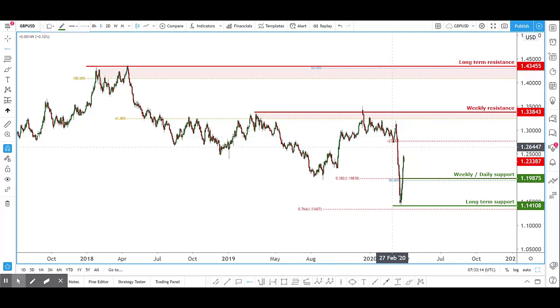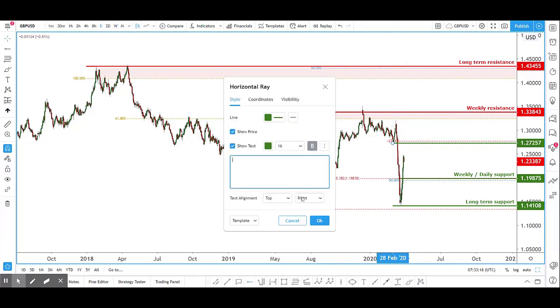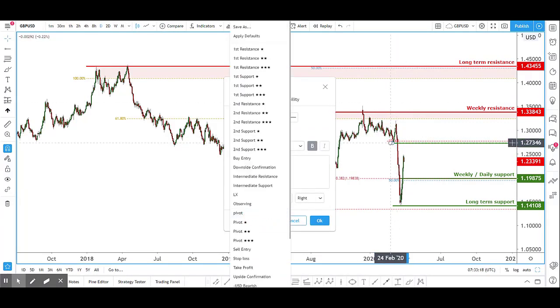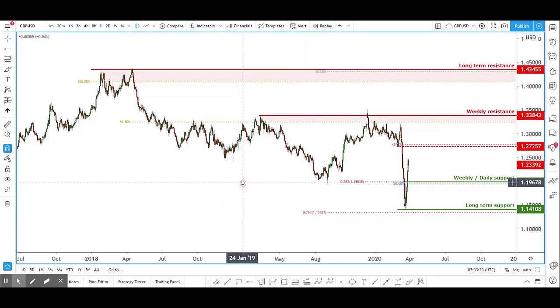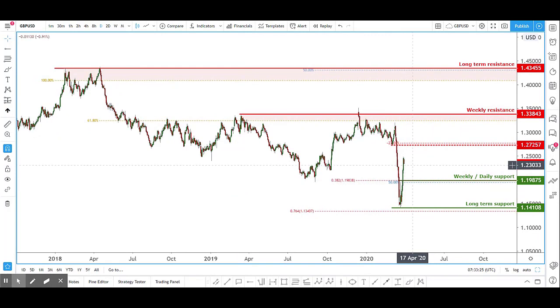And then we have the intermediate resistance level here, and the negative 27, which is in line with the graphical overlap. Okay, so this is what we have. Price is really holding in the middle of our weekly resistance and our weekly and daily support. What I really like to see is for price to go down to the weekly support before making a push up towards the weekly resistance.